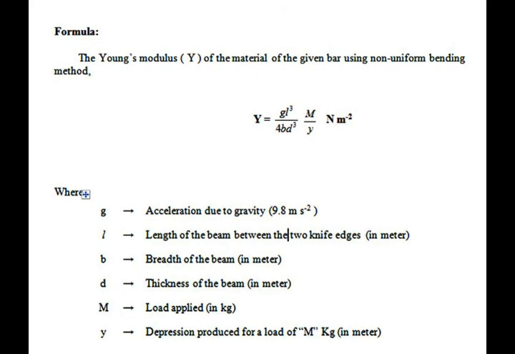Then M by Y, M we have as 50, Y we have the mean value of Y from the respective tabulation, and B and D will also be already measured using the tabulation. We substitute all these values, and finally we will calculate the Young's modulus of the material of the given bar.